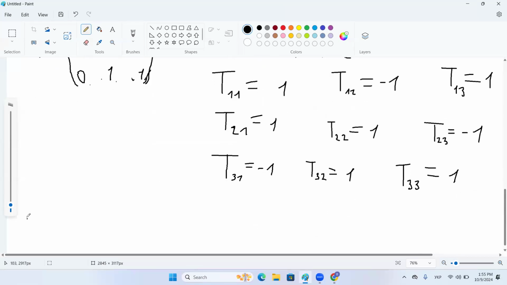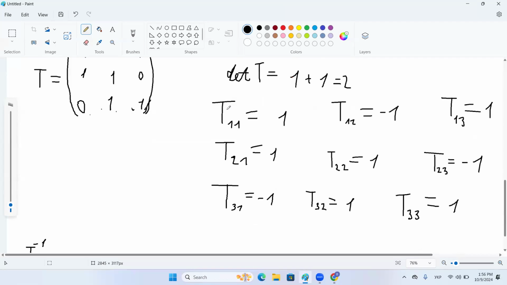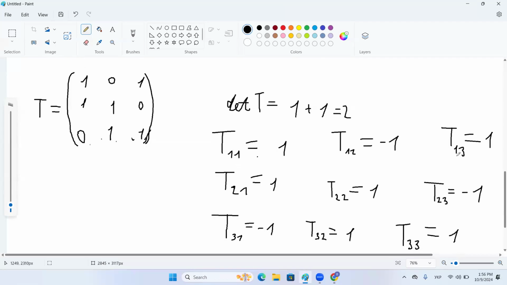Okay, so our matrix. Can I have a question? Yeah, of course, ask your question. We have a minor T1, 2. It will be the matrix 0, 1, 0, 0, 1, or minus 1? It will be 1 multiplied by 1 minus 0 multiplied by 0.